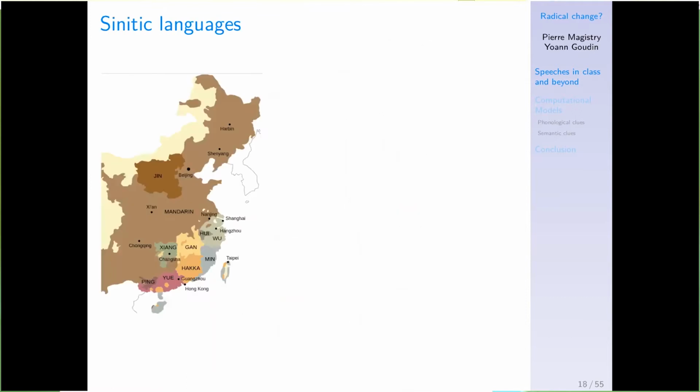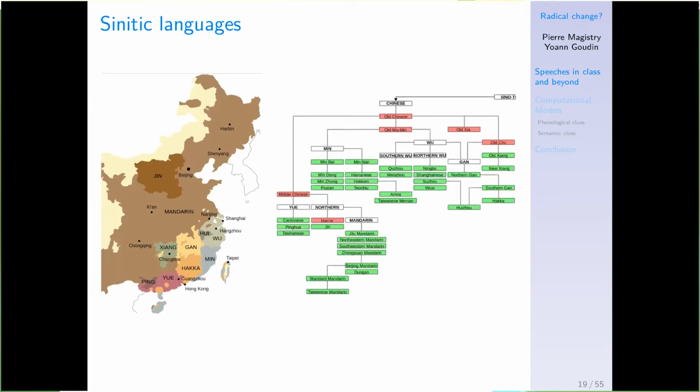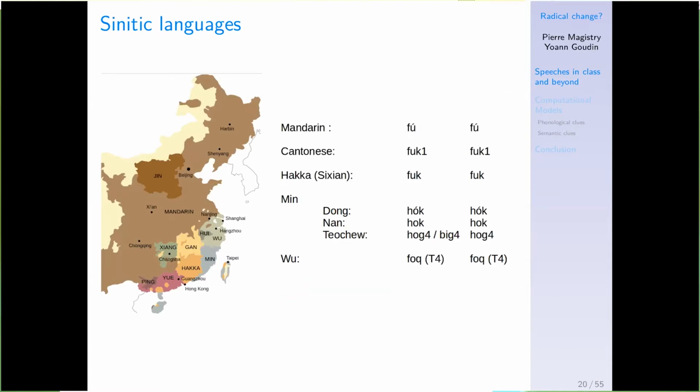This is not related with what I just explained, but these are the two main speeches confronting in class. I gave an example through Mandarin Chinese, but it's exactly the same with different Semitic languages. And here you can see with these transcriptions that it's very close.